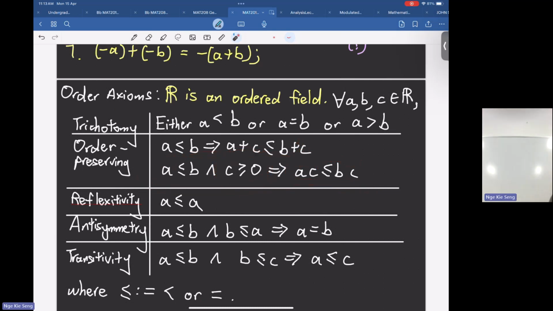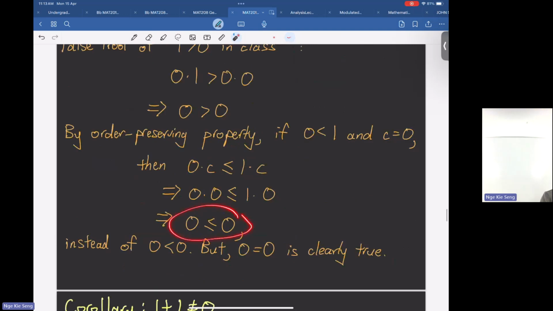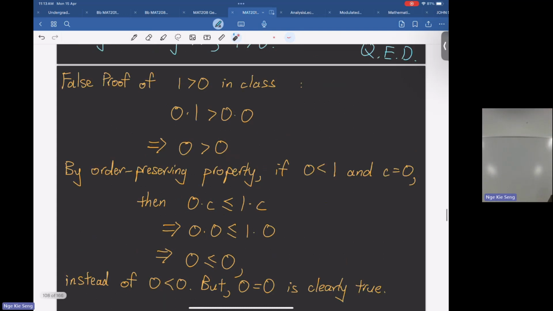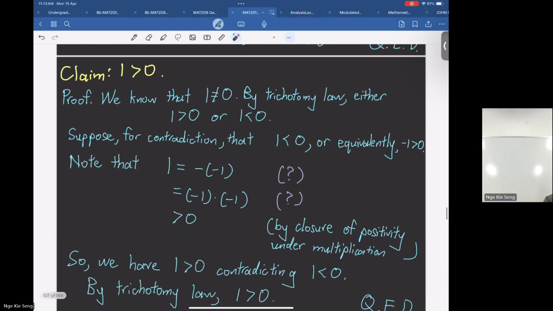It doesn't need to be strictly less. Either one being true is okay. So although 0 is not less than 0, 0 is equal to 0, so it doesn't contradict the order preserving property. So we still need to come up with a way to prove 1 greater than 0.